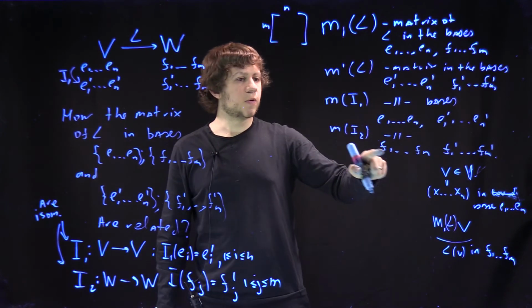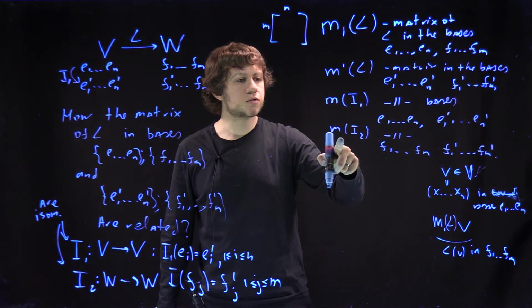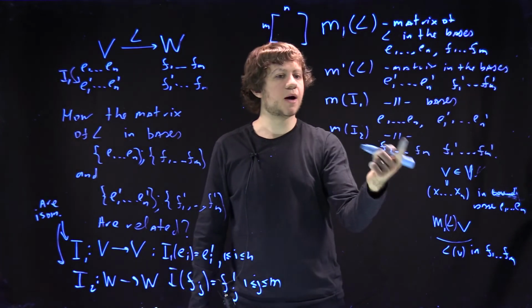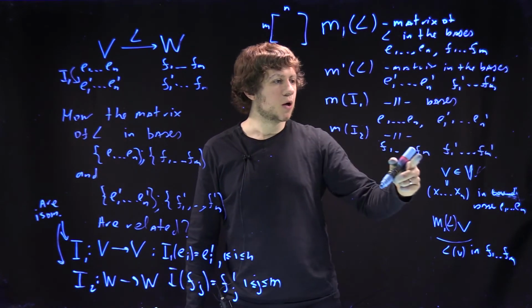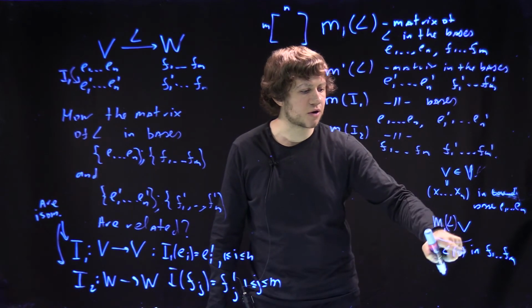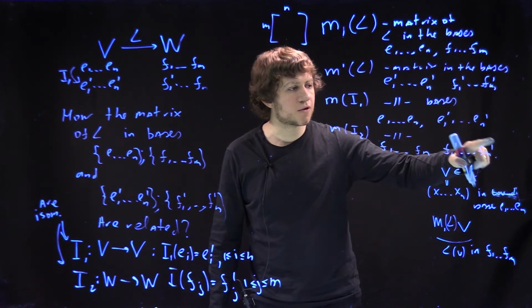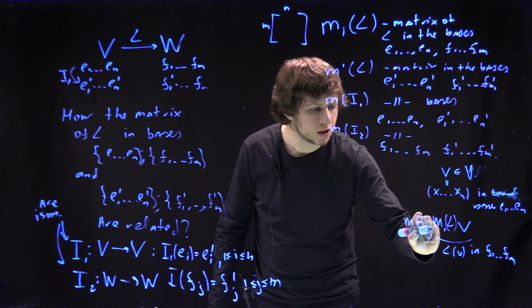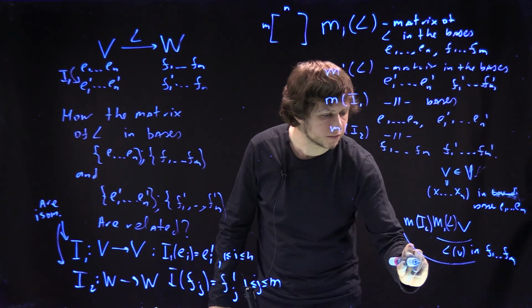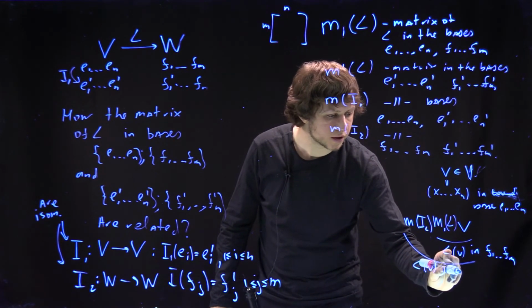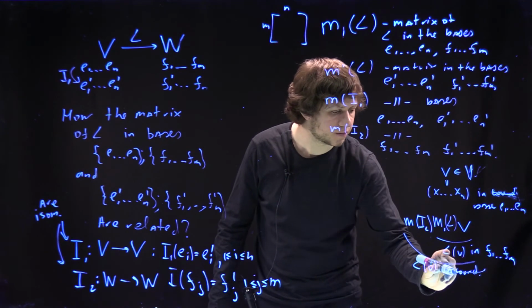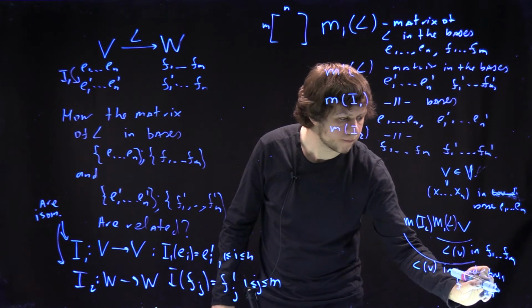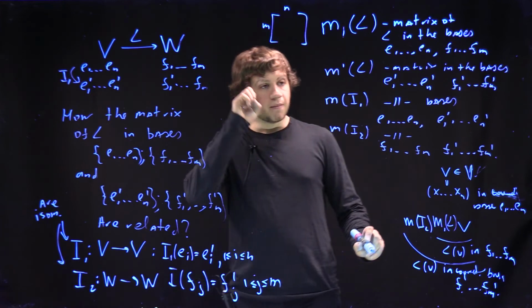Now we can take this map I2 and take its matrix in this basis. If I multiply on this matrix, I will take this vector L of v and rewrite it in coordinates f1 prime up to fm prime. So this is now the vector L of v in the basis f1 prime up to fm prime. But then I can do the other thing.